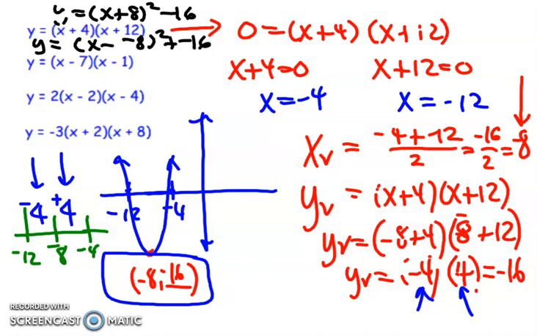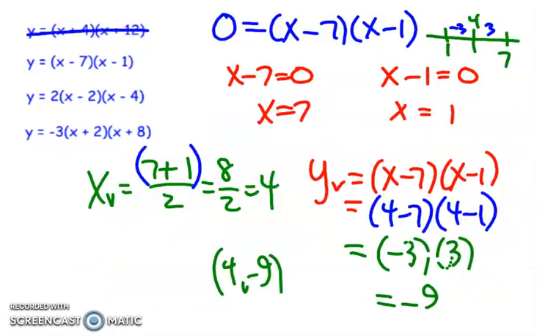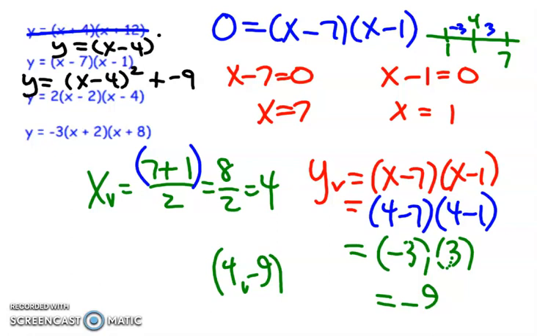And that double negative inside the parentheses becomes an addition problem. The second one, the vertex is at 4, -9. So it becomes y is equal to x minus 4 squared plus -9. And so adding a negative number becomes y equals x minus 4 squared minus 9.